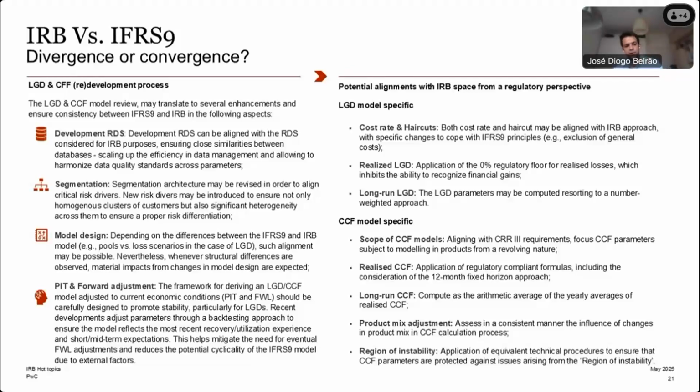Last but not least, the point-in-time and forward-looking adjustment. Here, in the specific case of LGDs and CCFs, this is for sure something that is widely discussed. At least from our perception, there are a lot of banks still not doing anything, or trying to go through a point-in-time calibration and somehow putting the forward-looking adjustment on hold due to the sensitivity of the LGD model to ECL.